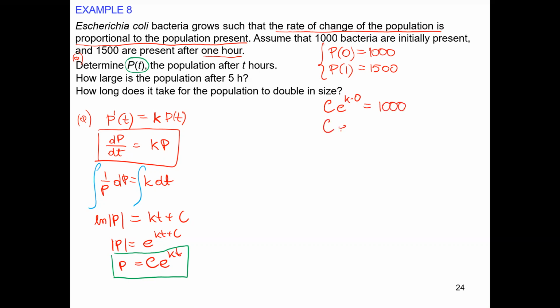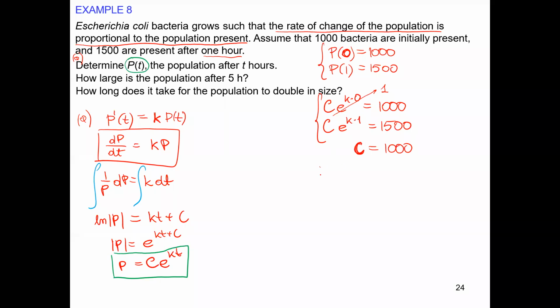And then c e to the power of k times 1 equals 1500. Okay, e to the power of 0, of course, is 1, so c equals 1000, because always when time is 0, that's the initial amount. Now I can substitute 1000 e to the power of k times 1, and we have to solve it for k.